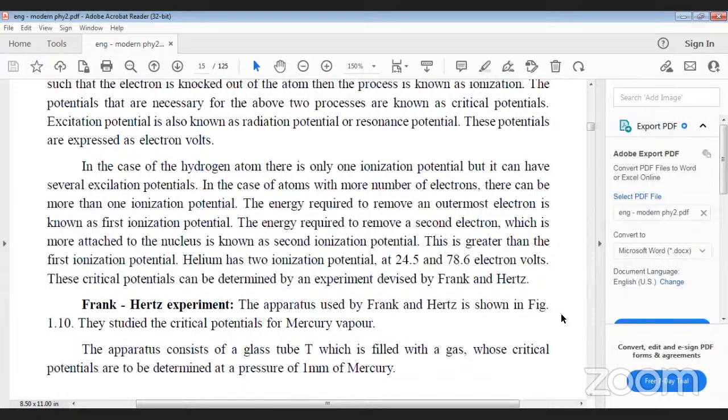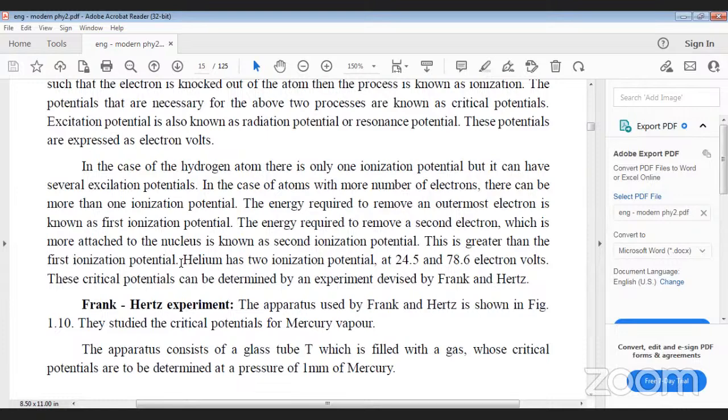The energy required to remove the outermost electron is the ionization potential, and the energy required to remove the second electron is the second ionization potential, because the second electron is more strongly attached to the nucleus. Like that, the ionization potential gradually increases.